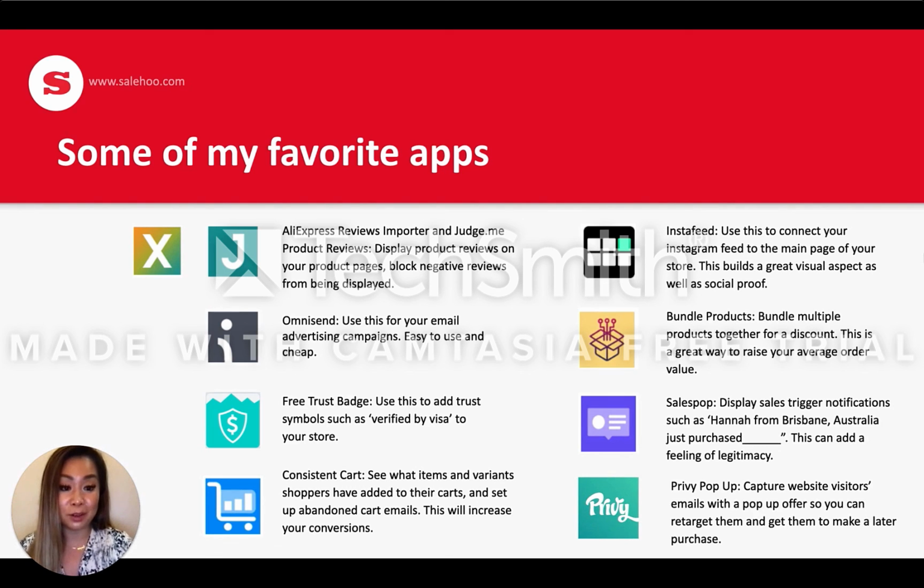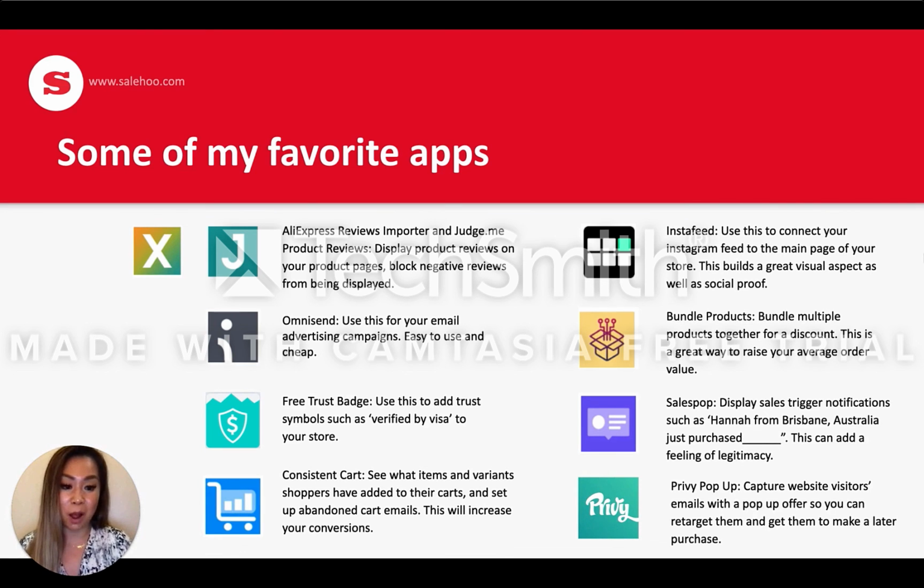And then bundle products. So bundle products allows you to bundle multiple products together to create a discount. So this is really good if you have products that work really well together or related products that people might purchase together. You can put them together and hopefully people will purchase it because it's at a discount.